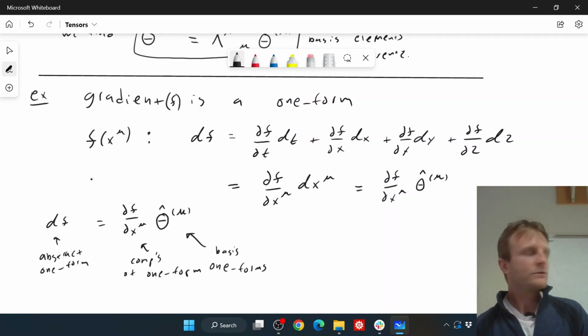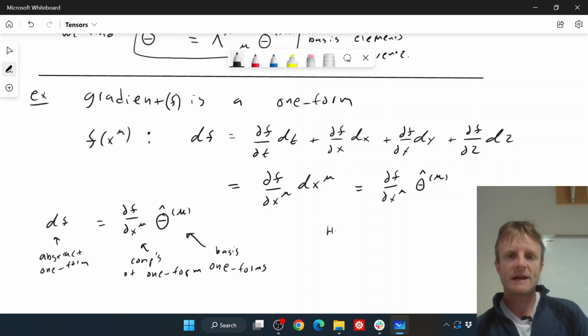And why is this useful? Well, we might want to ask a question like, how fast does f change in some direction? Or maybe how fast does f change along a curve? Let's do it that way.